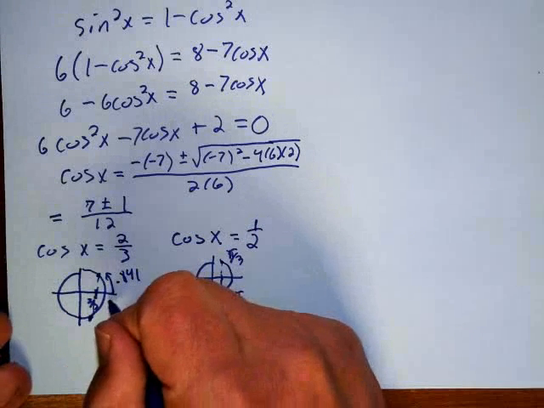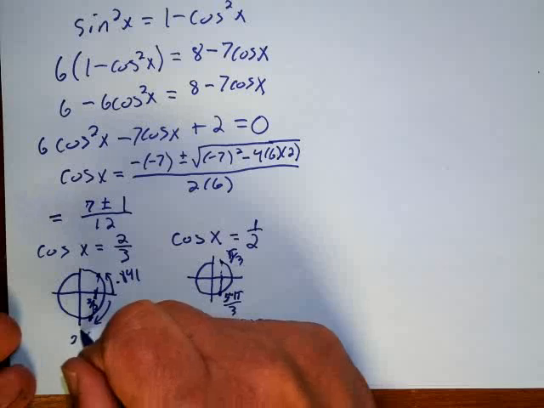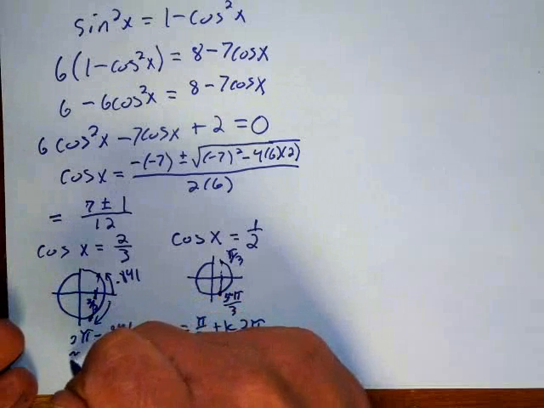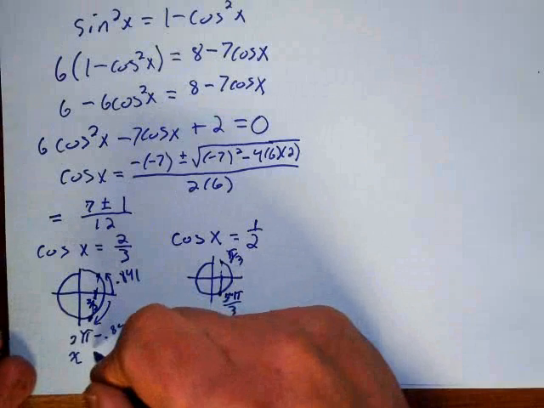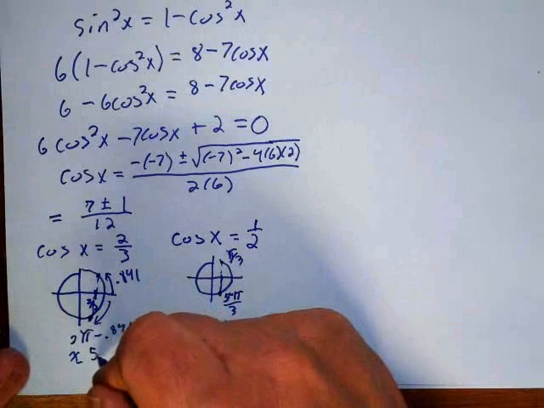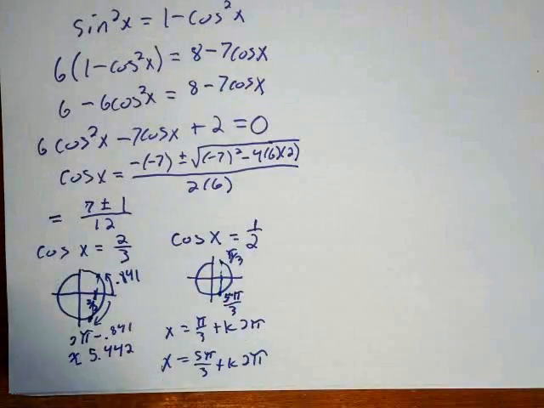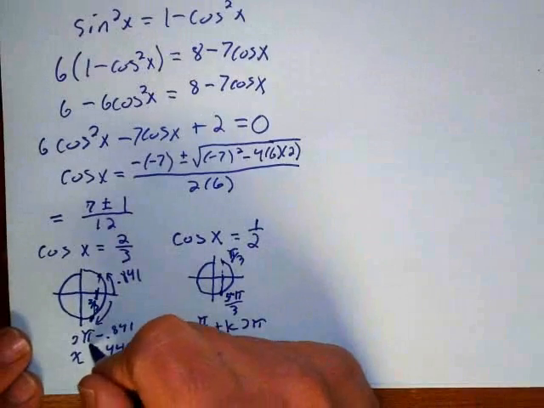This one over here, you'd be going down 0.841, so I'd take 2 pi minus 0.841, and that gives me like 5.442. Okay, and so boy, I'm gonna run out of room, ain't I, to do these.